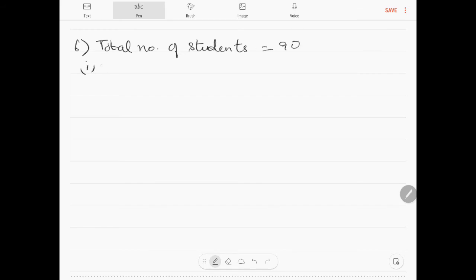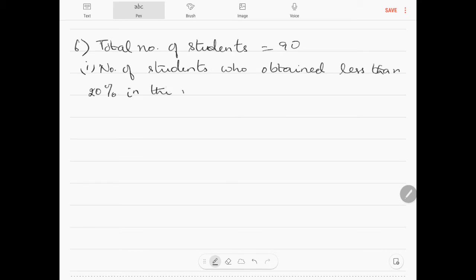The number of students who obtained less than 20% in the maths test is 7. So therefore the probability will be 7 divided by the total students, 90.